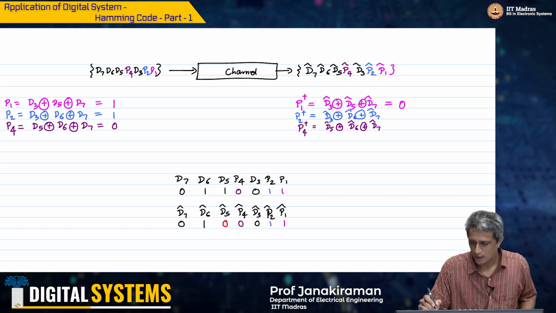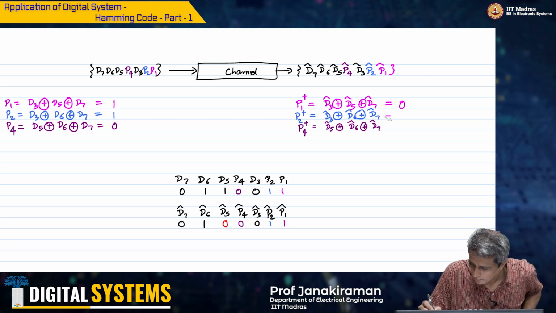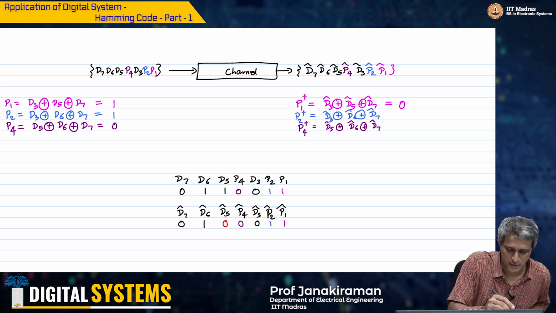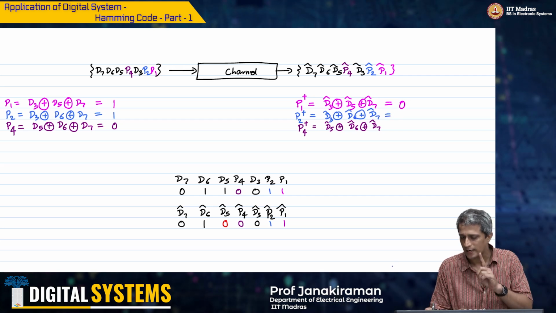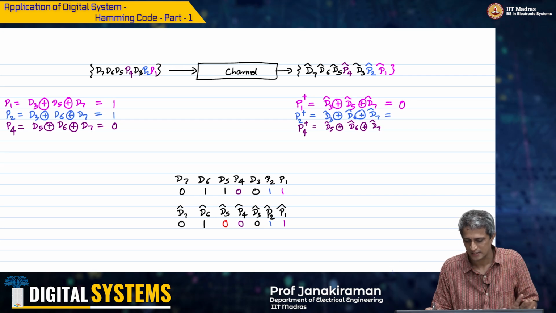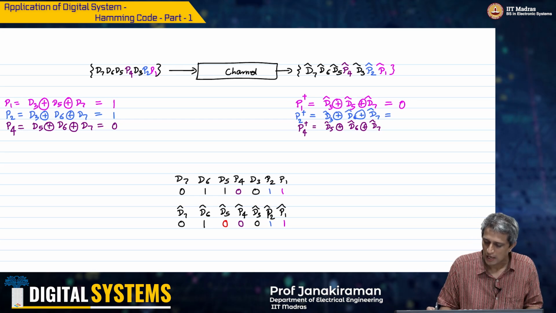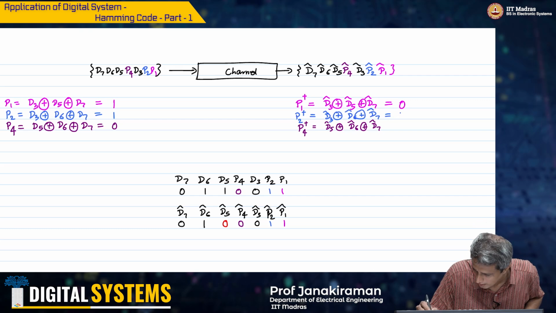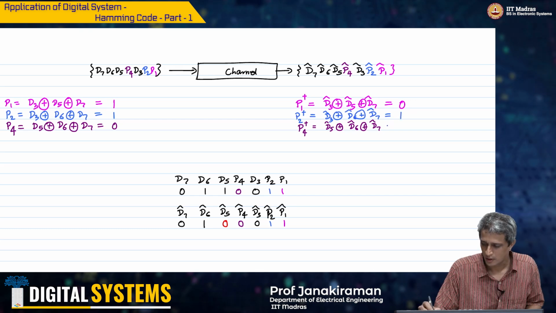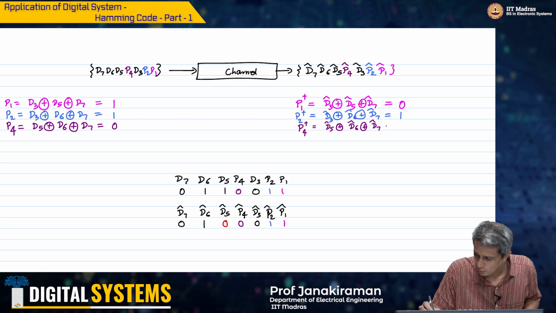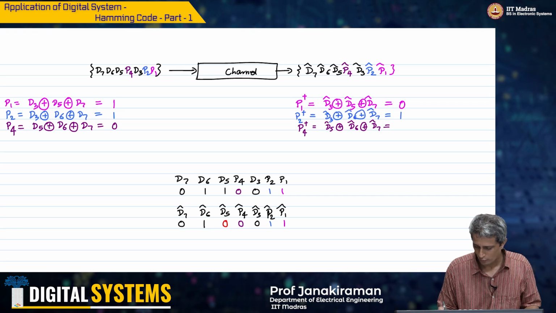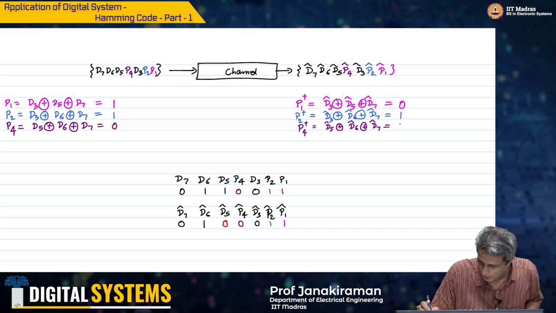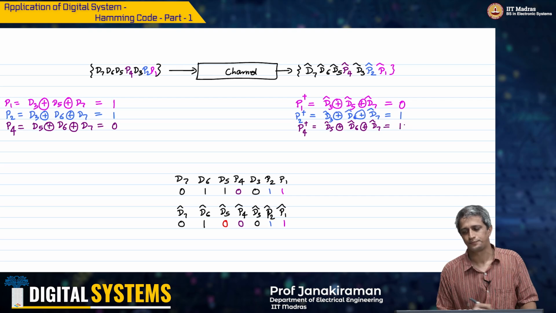Now, P2 hat is just D3 hat XOR D6 hat XOR D7. That is going to remain unchanged because there is no error in any of these bits. And finally, P4 hat is going to be D5, D6 and D7, and of course, what was 0 will now become a 1.